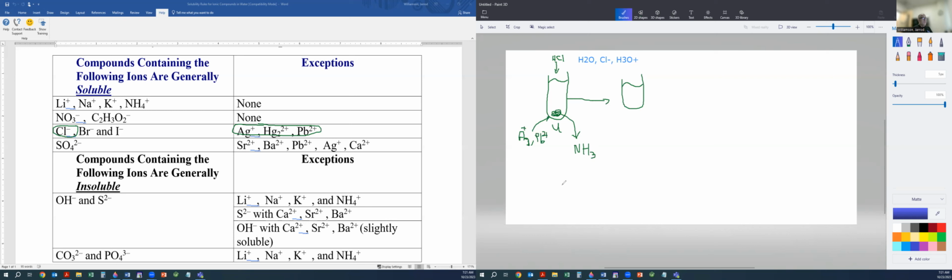I believe, if I remember right, silver is soluble in concentrated ammonia.